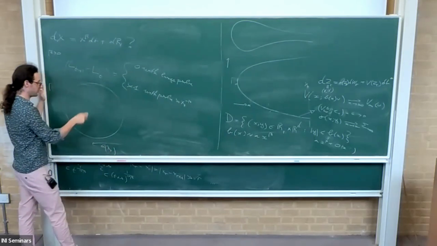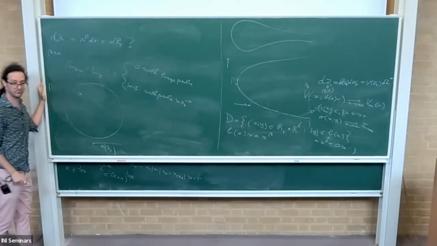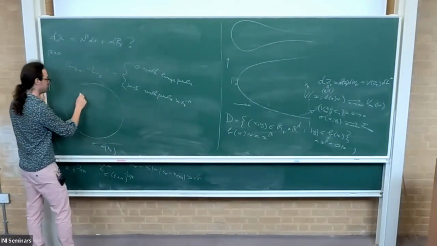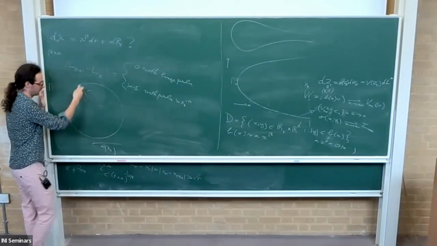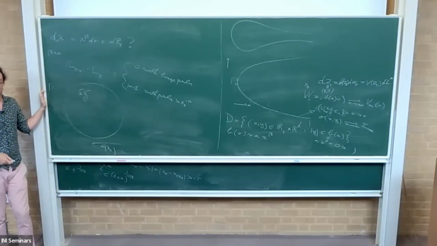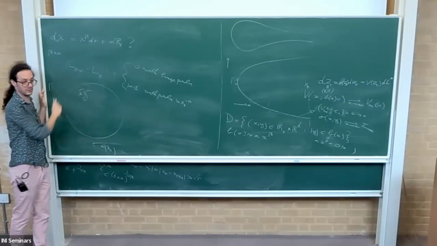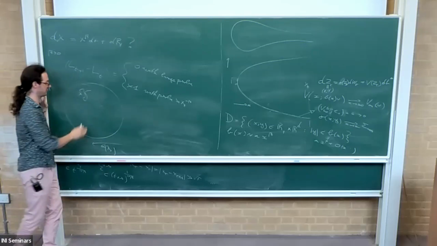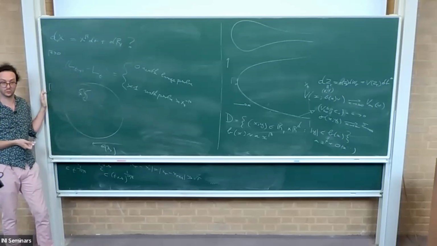And you have your process, which starts somewhere in this ball, and then it runs for time 1. Your sigma matrix is about 1, so you know that it's going to move by a distance of order 1. So if you want the local time to be not 0, it needs to start pretty close to the boundary, at a distance of order 1 from the boundary.